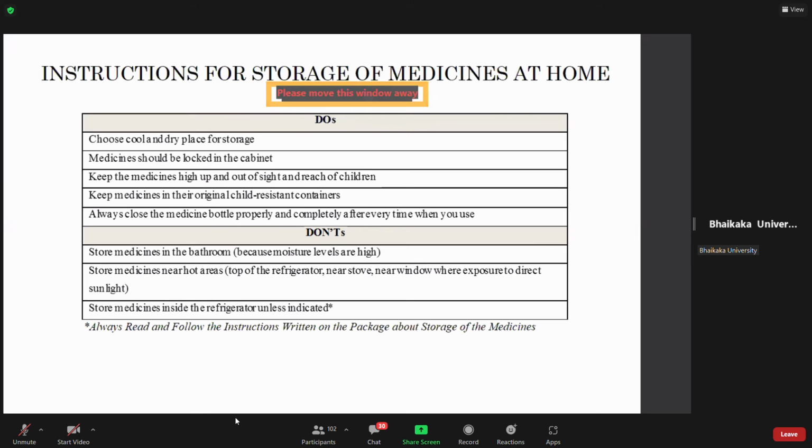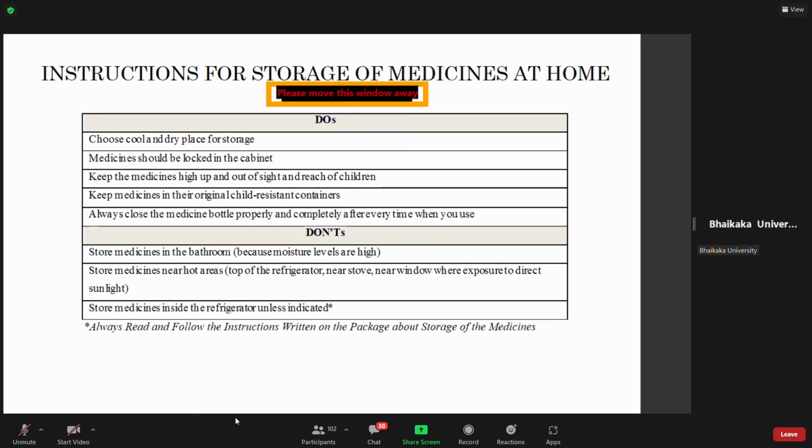But the ideal storage, you have to choose a cool and dry place. Medicines must be locked in a cabinet. You should keep the medicines high up so that children cannot reach them.